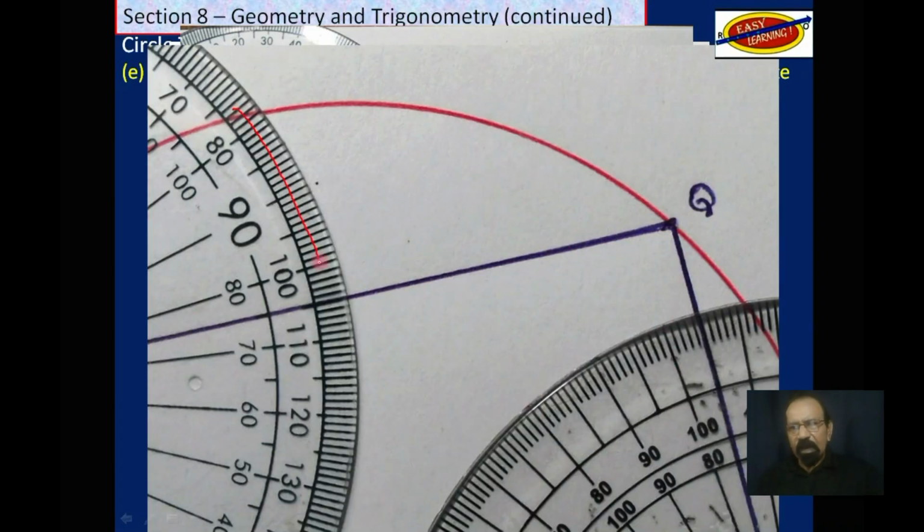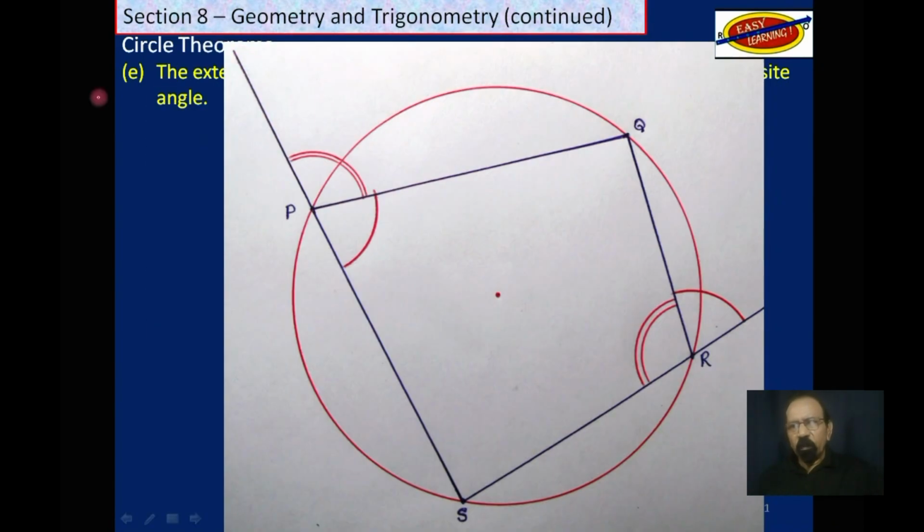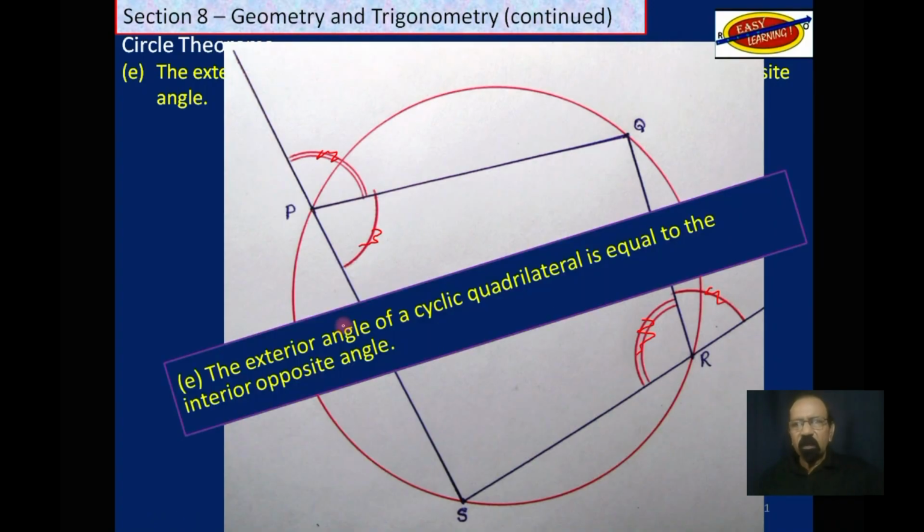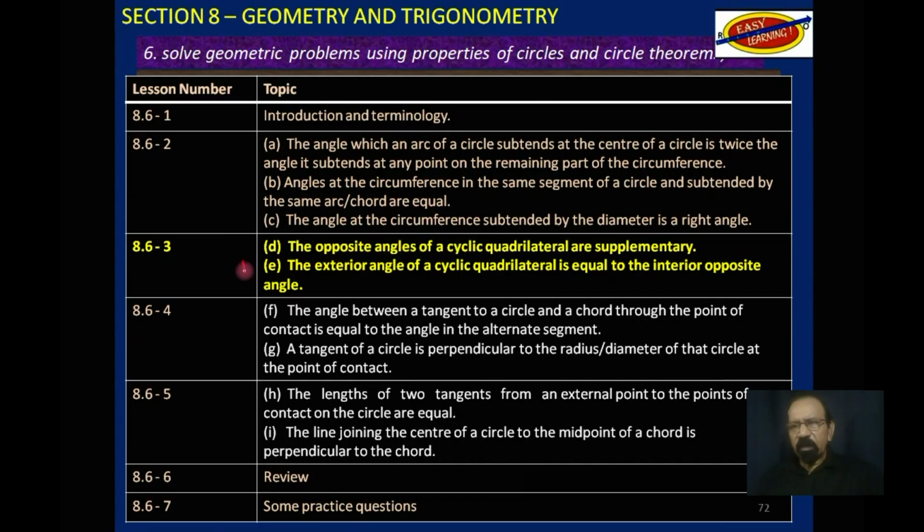So this double arc here and this double arc here mean they are equal to each other. And this single arc here and that single arc there mean that those angles are equal to each other. So the exterior angle of a cyclic quadrilateral is equal to the interior opposite angle. So we just did that.